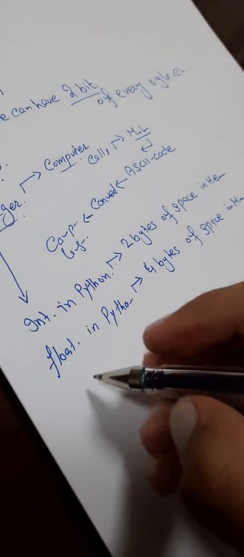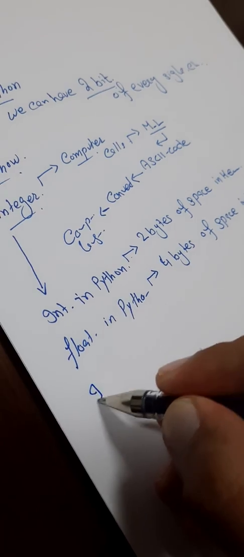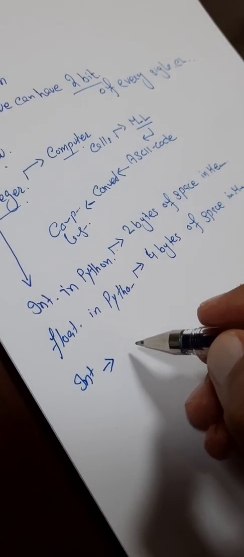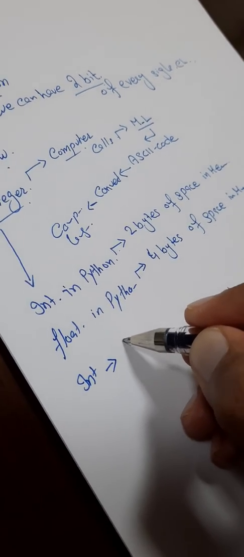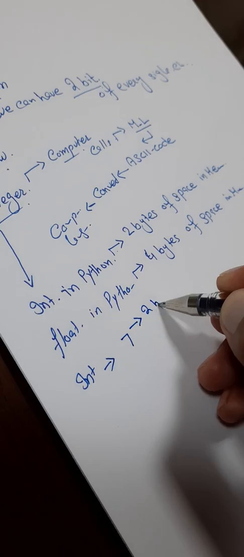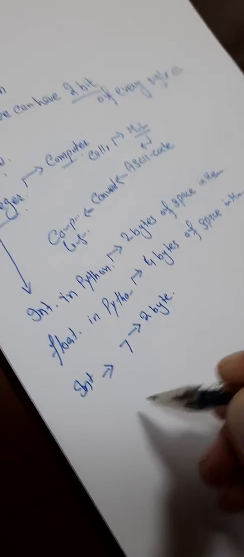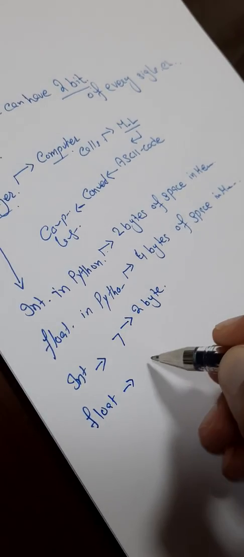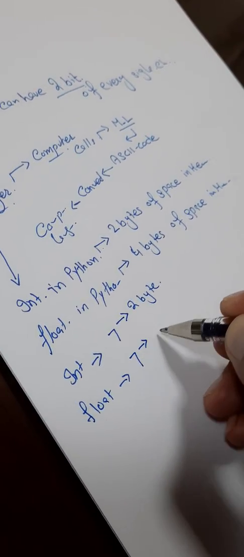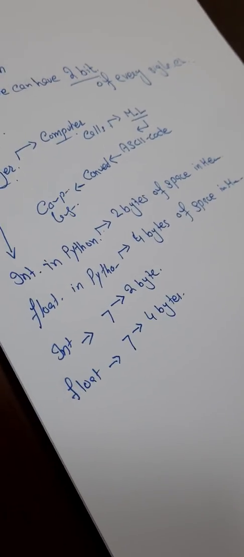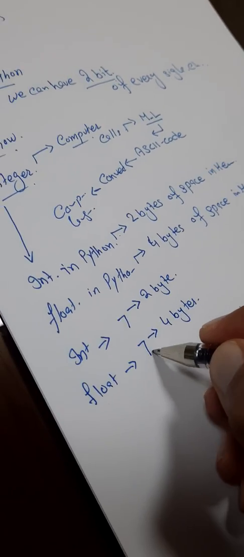Now, whenever you read or write an integer in Python, if you say 7, it occupies 2 bytes. And in float, when you say 7, it occupies 4 bytes. So this is a basic difference between integer and float.